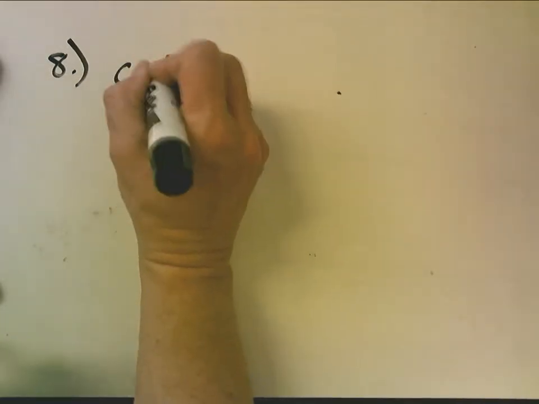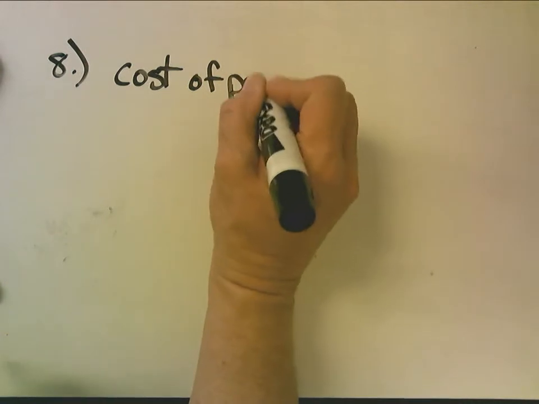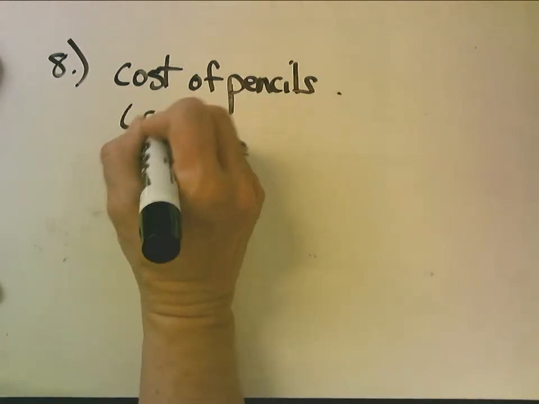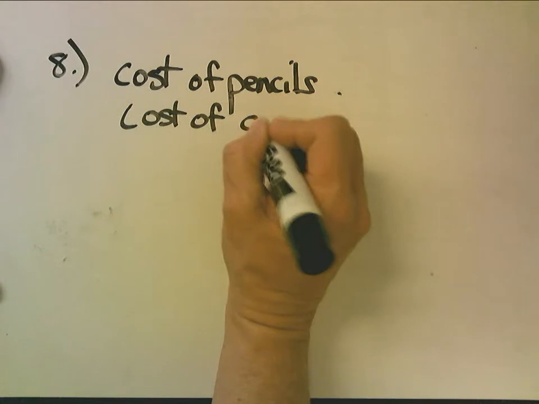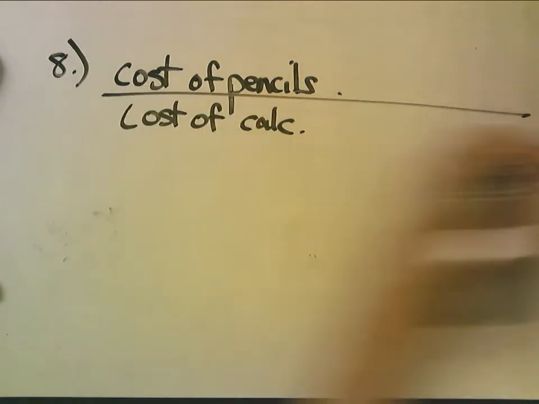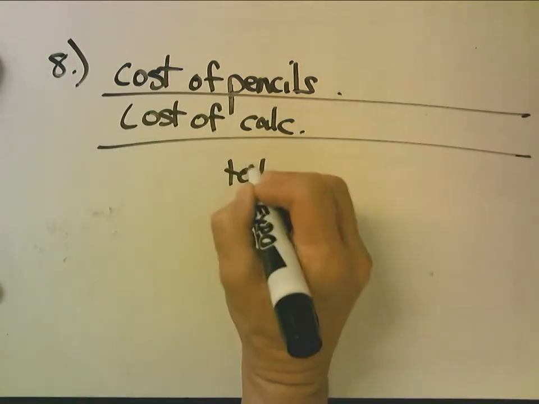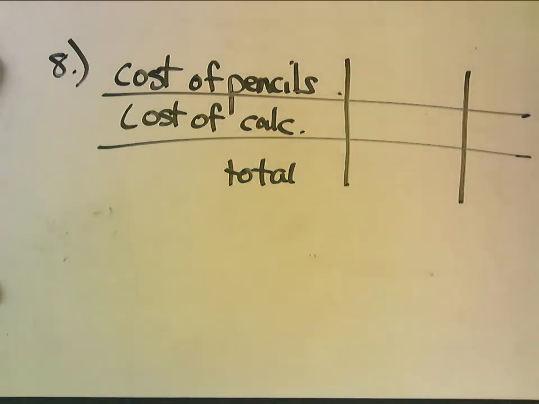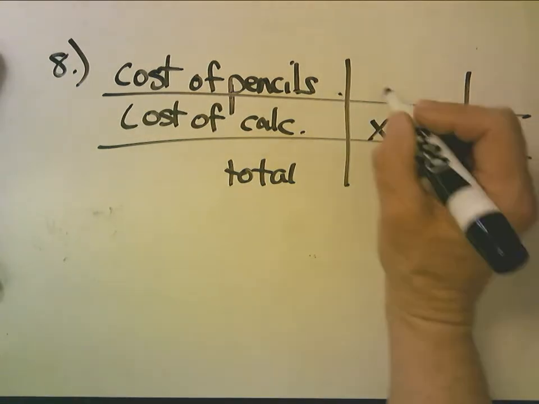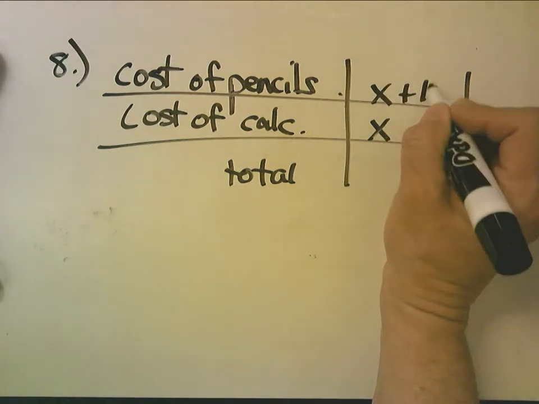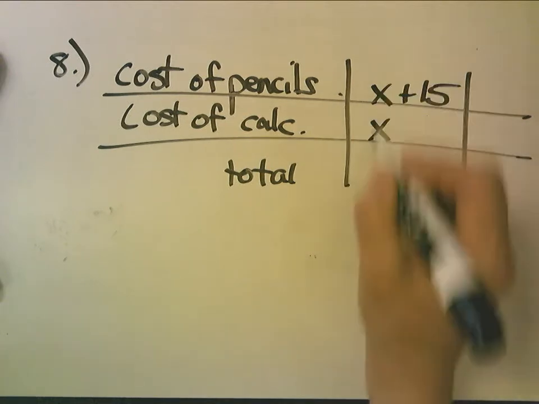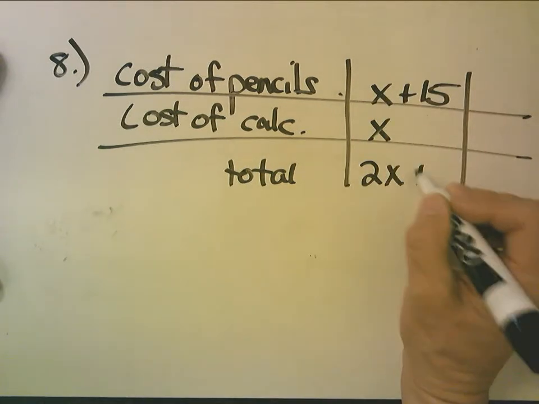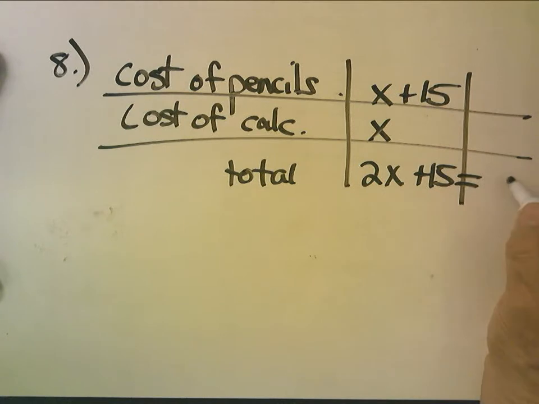So my unknown is cost of pencils, cost of calculators, and I have a total. So it says pencil sharpeners cost $15 more than a calculator. So if a calculator is x, my pencil sharpener is x plus 15. Add these two together and I get 2x plus 15. And the total was 175.